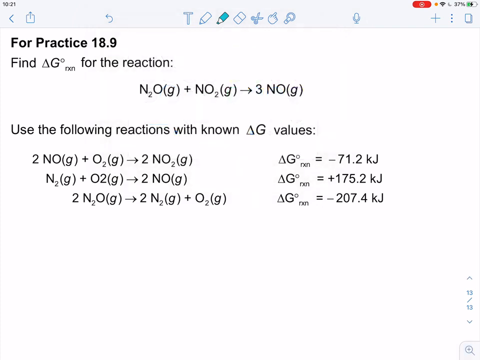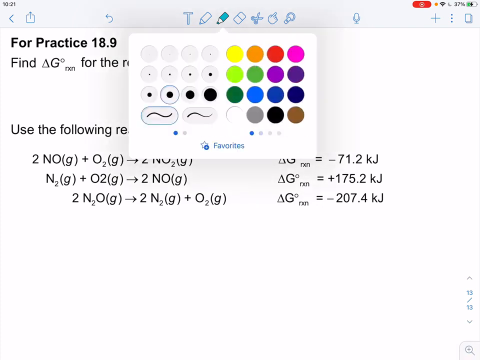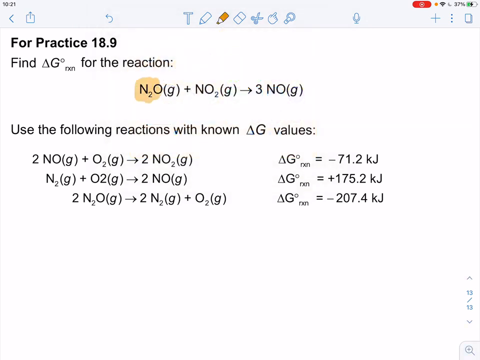So, as I said before, we start looking for the substances. Doesn't matter in what order you go, but you try to locate them in your set of reactions. So here we have the nitrogen monoxide, and it's here in the last reaction. You need 1 mole as a reactant. This reaction is giving you 2 moles.